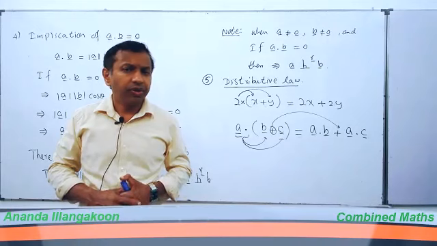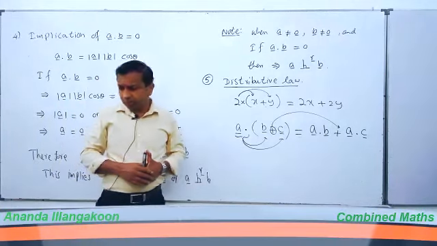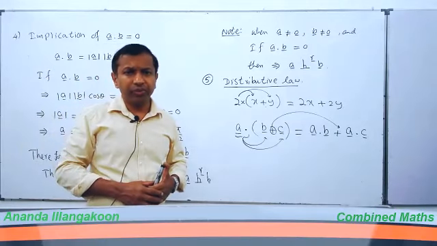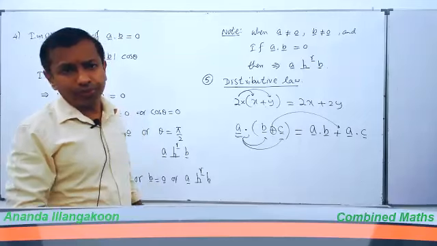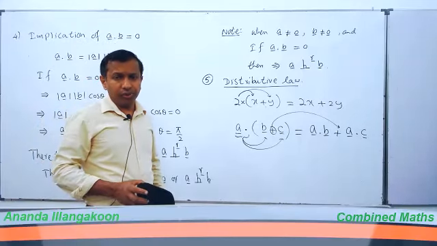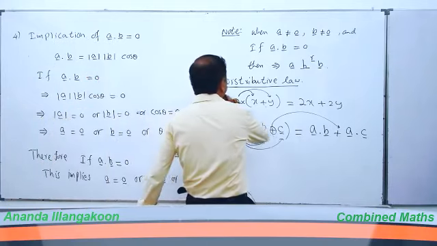Understand? This one we can prove, but we don't prove that here. That is not that important, but the proof is very easy. We'll learn what the distributive law is, and you should understand how to use it. Right? Write down that.